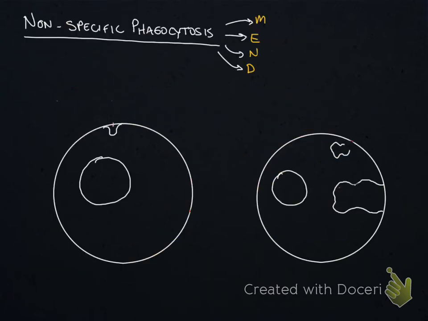So continuing on with our innate immunity, let's talk about nonspecific phagocytosis. So this is carried out by a set of phagocytes, which include macrophages, eosinophils, neutrophils, and dendritic cells.